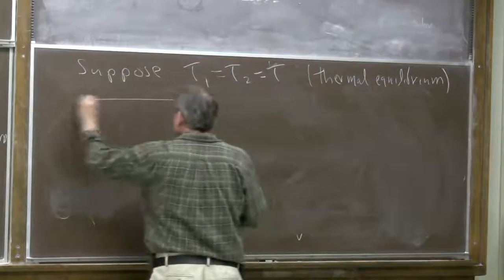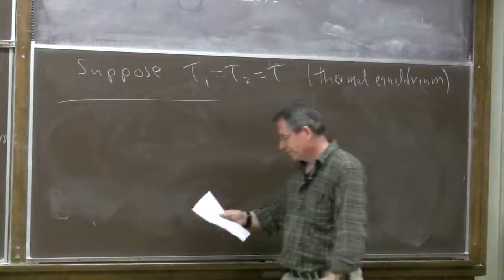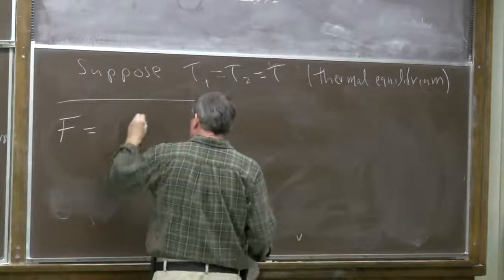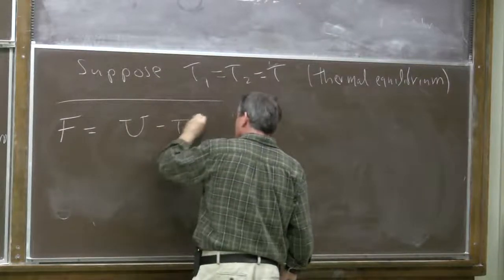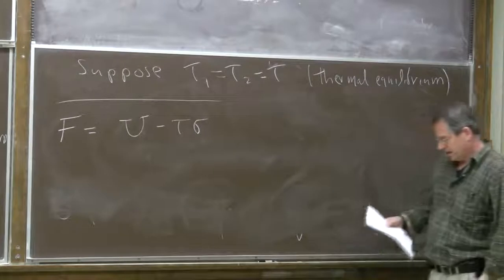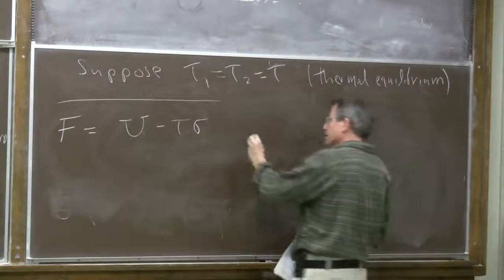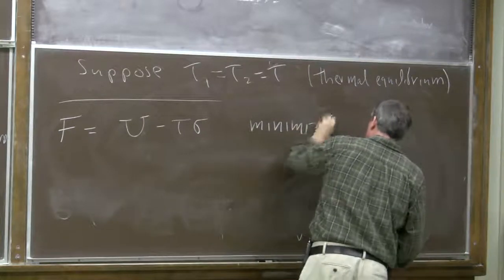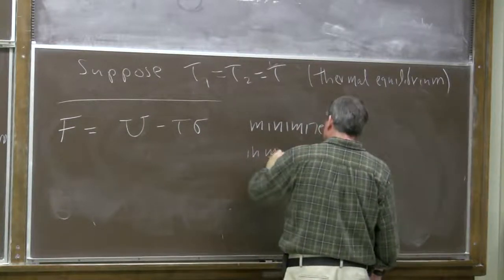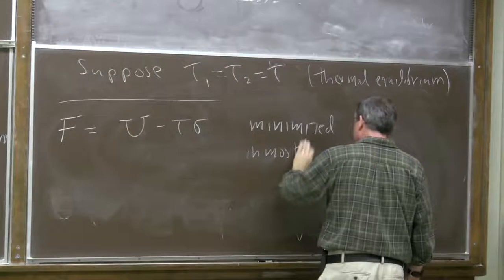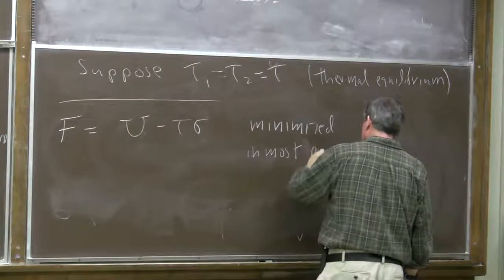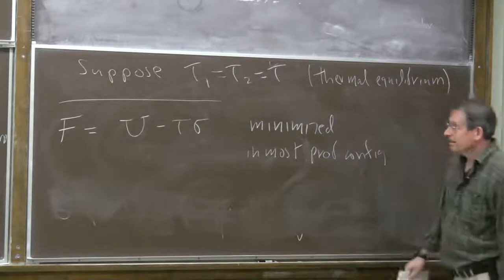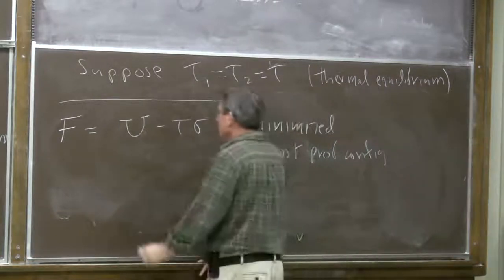So when we're in the most probable configuration, remember, that means that the free energy, U minus tau sigma, is minimized. And that determines that.